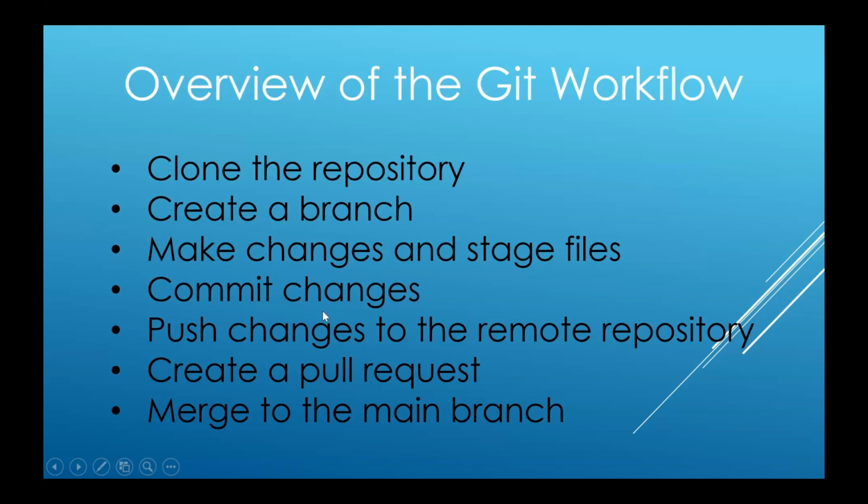Once your changes are pushed to the remote, you can create a pull request from your feature branch to the main branch to merge your code base into main. Once the pull request is approved, you will be able to successfully merge your code to the main or master branch for the next release cycle or for deployment. So this is the basic Git workflow generally people follow in organizations for their development work.